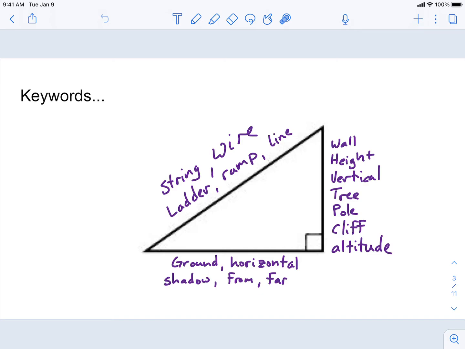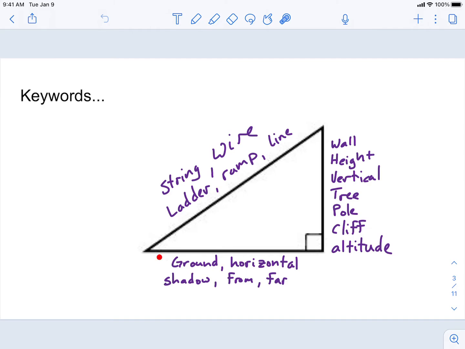So some words that I've gathered here are things like anything that lets you know something that is vertical, that would be your vertical side, right? So wall, height, vertical, tree, pole, cliff, altitude, like the altitude of an airplane. All of those would tell you that it is this side of your triangle.